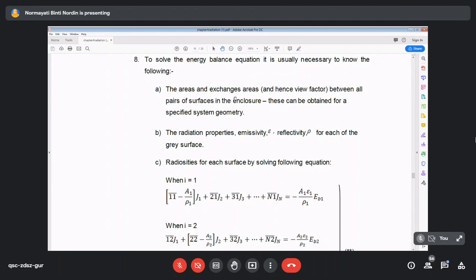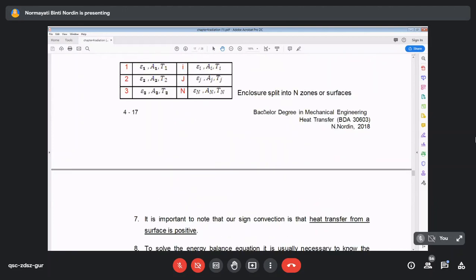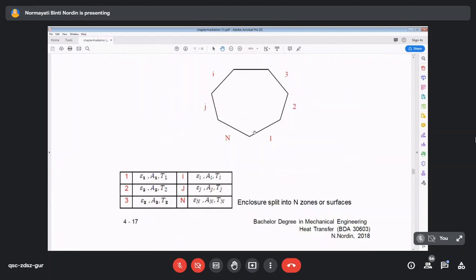You need to find the exchange area between all pairs of surfaces in that enclosure. For example, if you have 3 surfaces, you need to get the exchange area values 1 to 1, 1 to 2, 1 to 3. That is from the first surface.